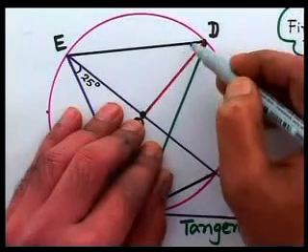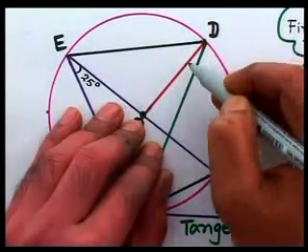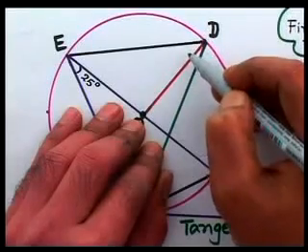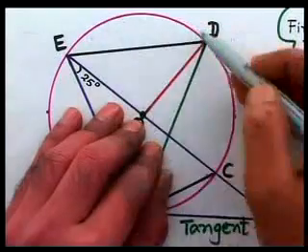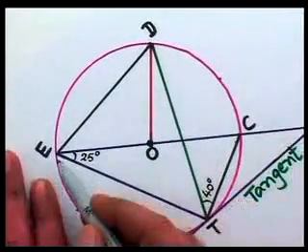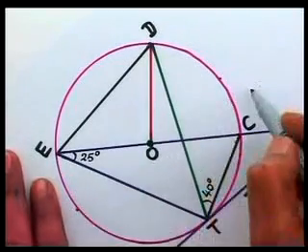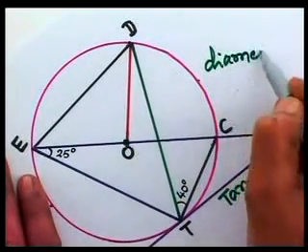Come on, think. Can I say that this angle is 90? Please listen. The angle should be on the circumference, and also the angle should be made by EC, which is the diameter, right? Do not forget, please.